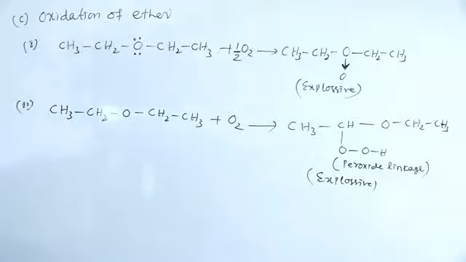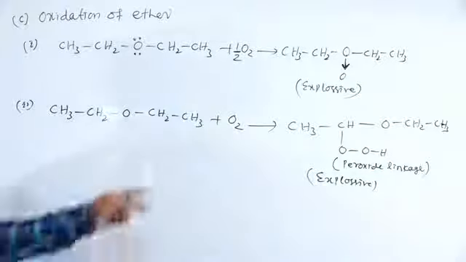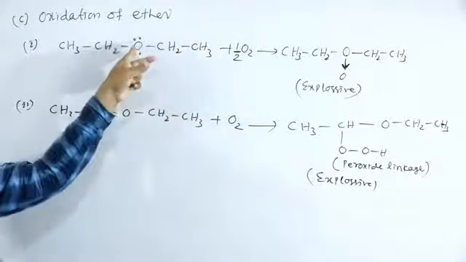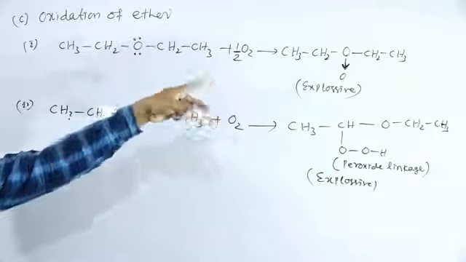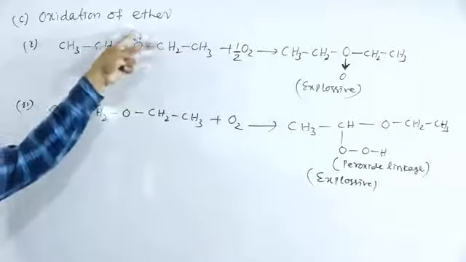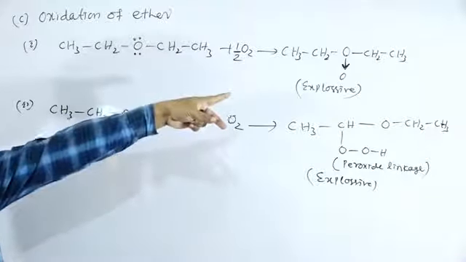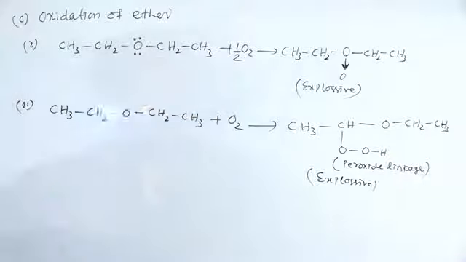So this is regarding the oxidation of ether. If I take a less amount of oxygen, there is a direct linkage of oxygen to oxygen, that is, the oxygen atom of the ether directly forms a bond with the oxygen, a coordinate covalent or dative bond.